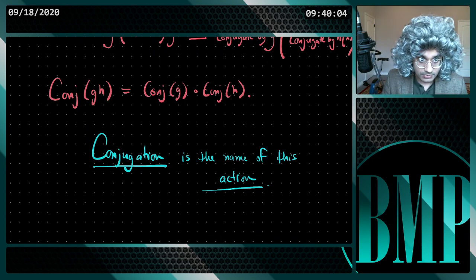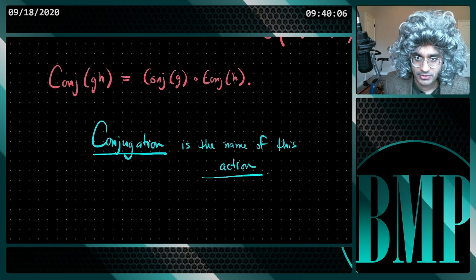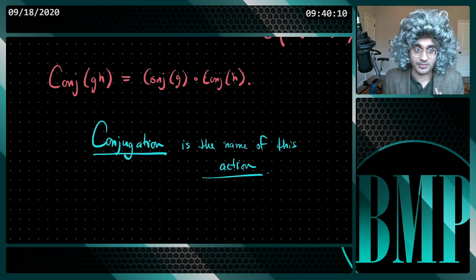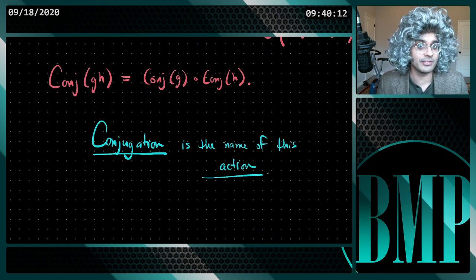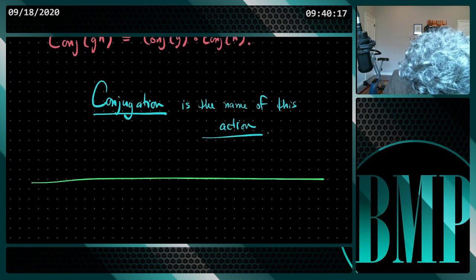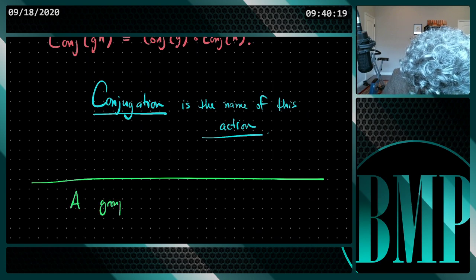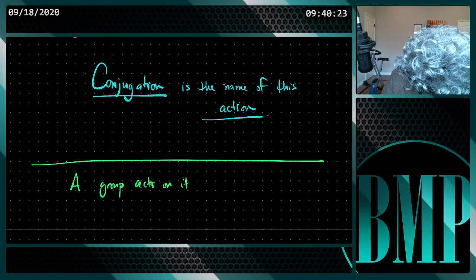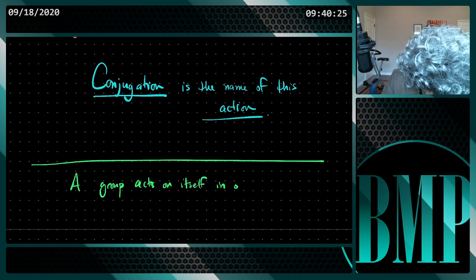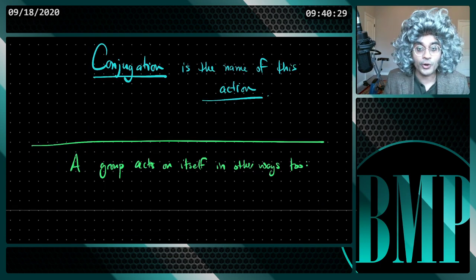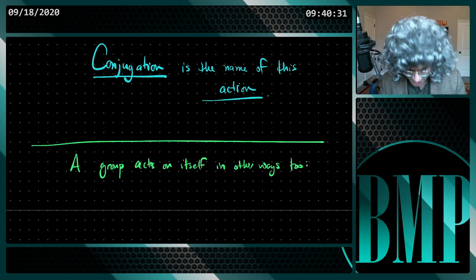All right. So conjugation is the name of this action. The group acts on itself in this way. The group acts on itself in other ways too. For example, left translation.